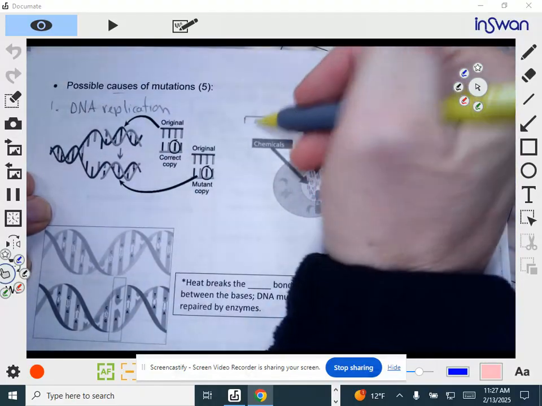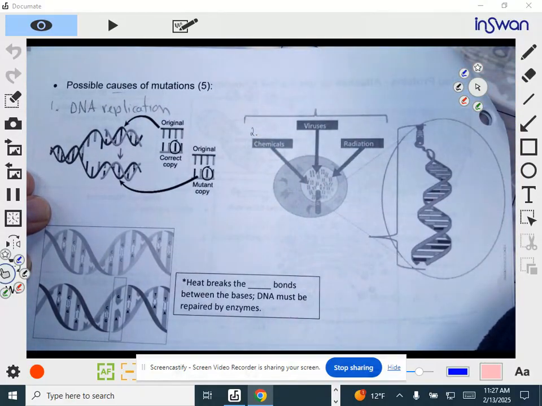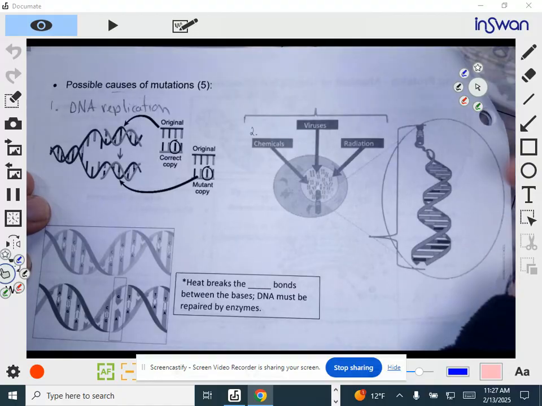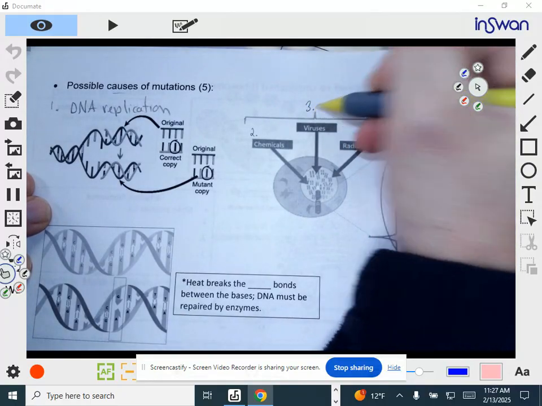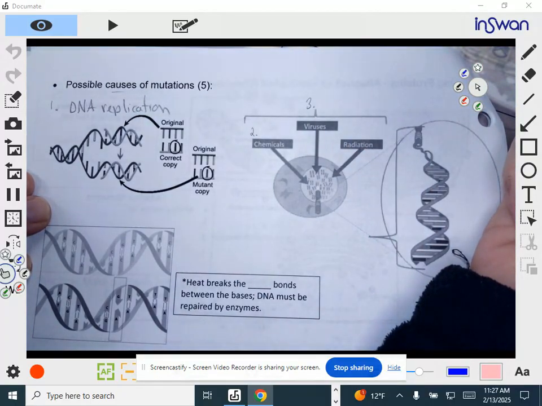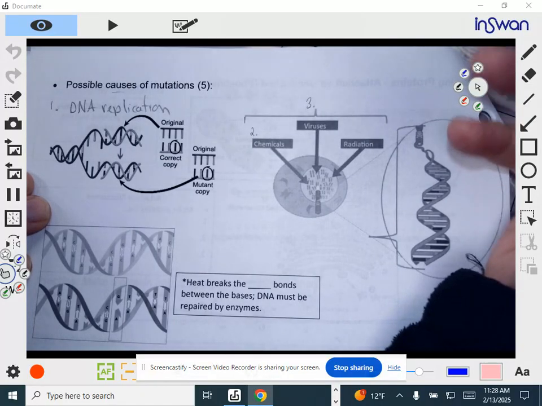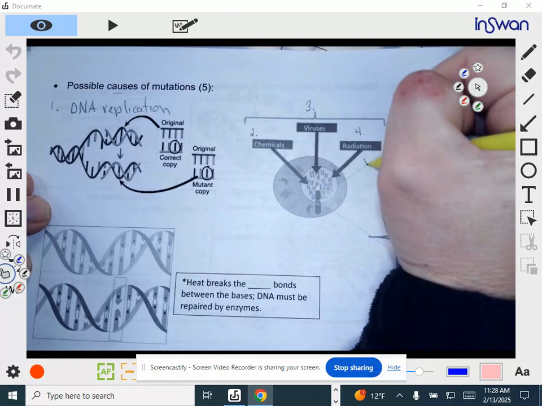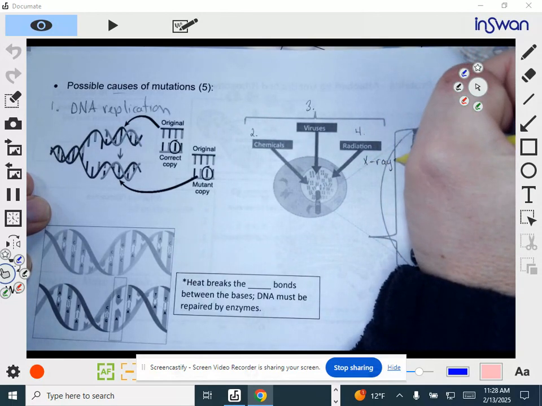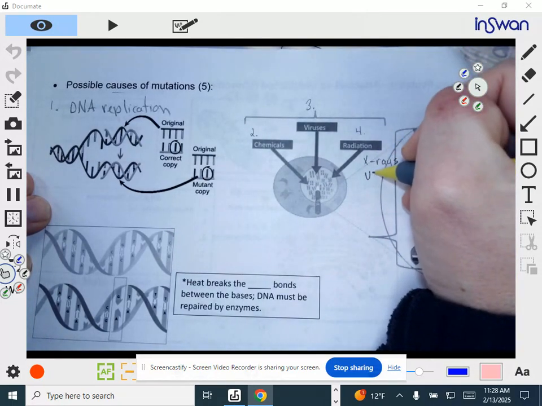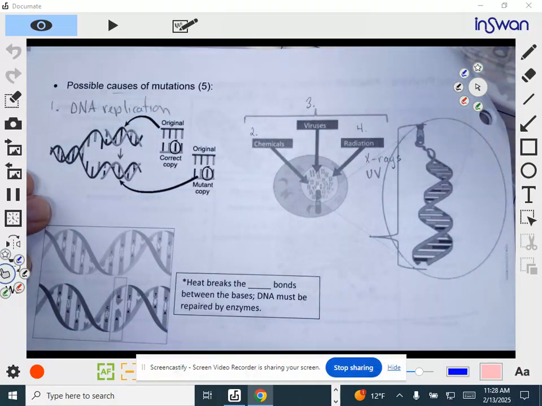We said that there's chemicals that can react with the DNA and change the structure of it. Viruses can insert their DNA in the middle of our DNA molecules, and that would then change the order of the bases. Radiation, such as X-rays and ultraviolet rays, those are examples of radiation that have a lot of energy and they can mutate the DNA.